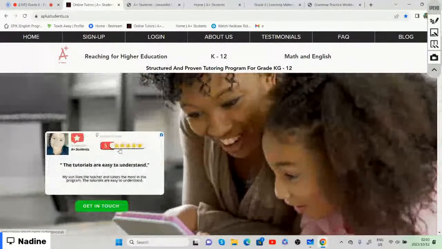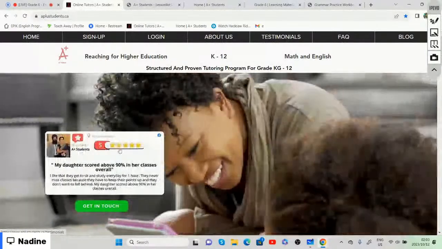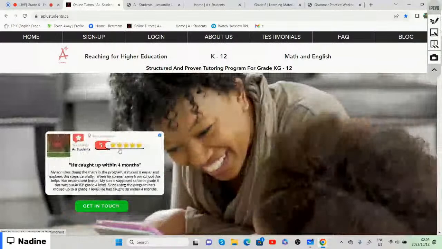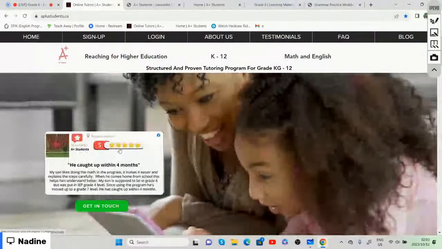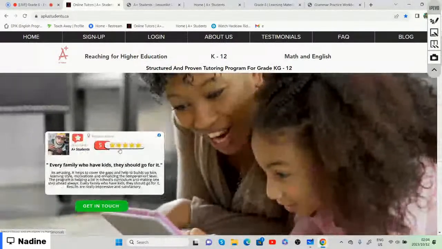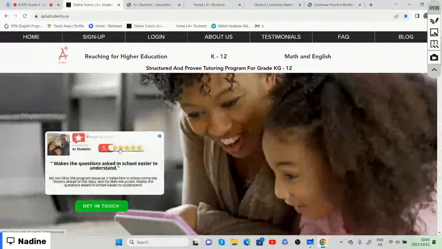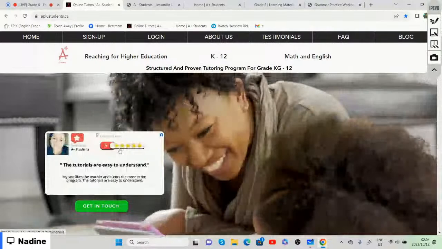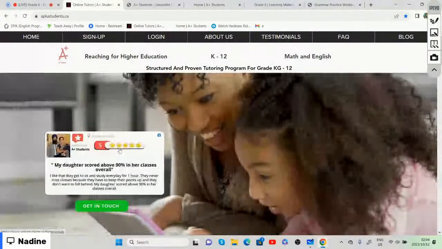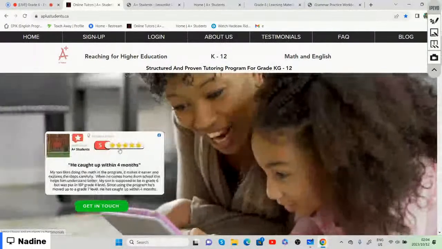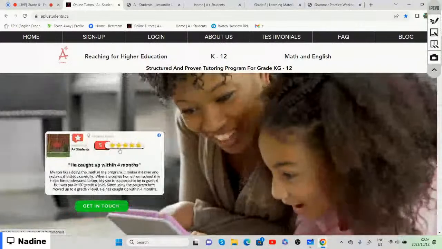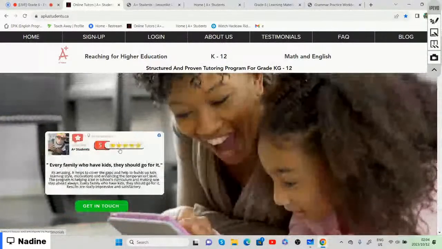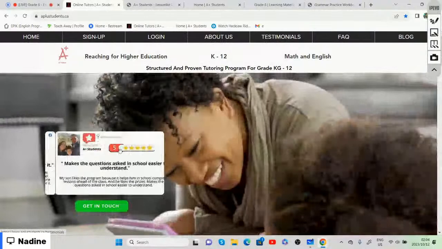And before we start with our lesson on possessive pronouns, we're going to log into aplusstudents.ca. Once you've logged in, you're going to log in with your username as well as your password.